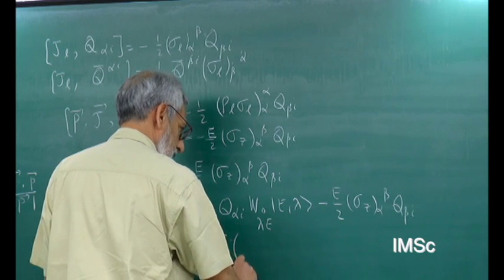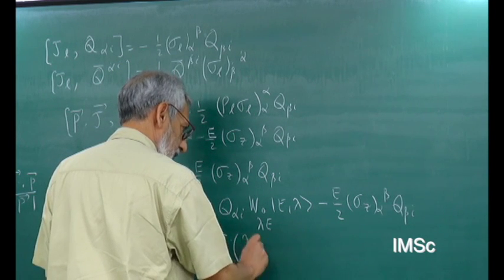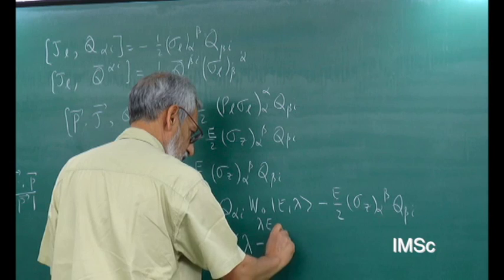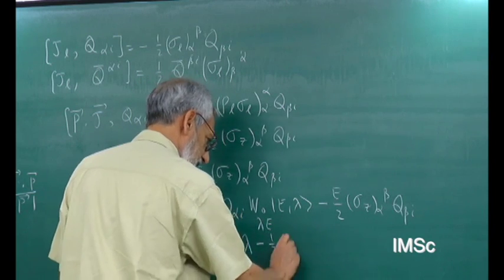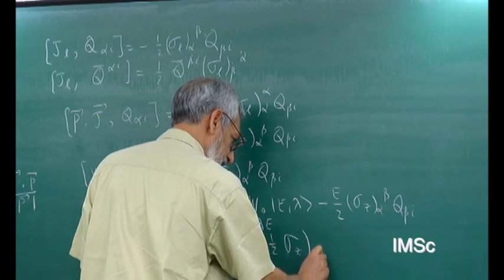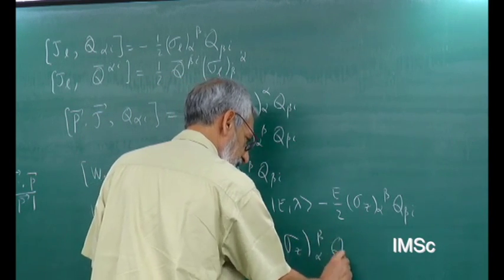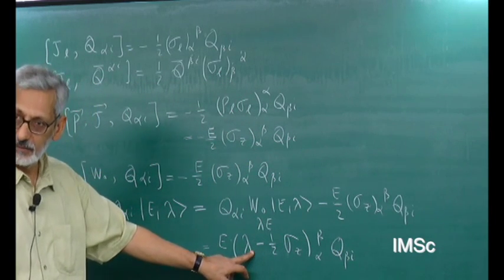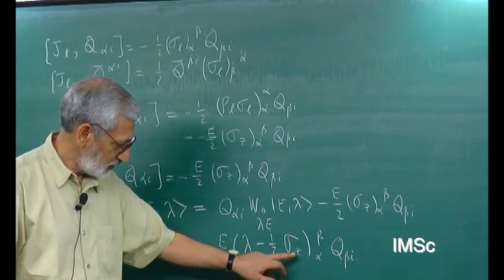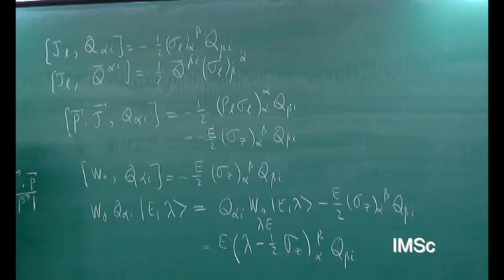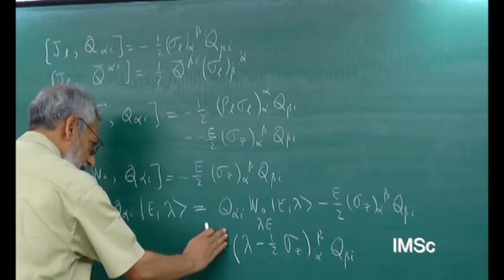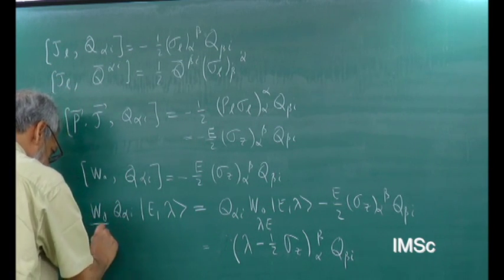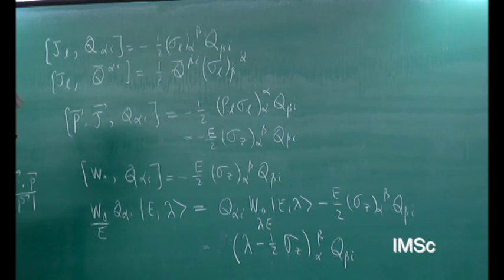And this is lambda minus 1/2 sigma z alpha beta Q beta I, lambda times a unit matrix, sigma z.